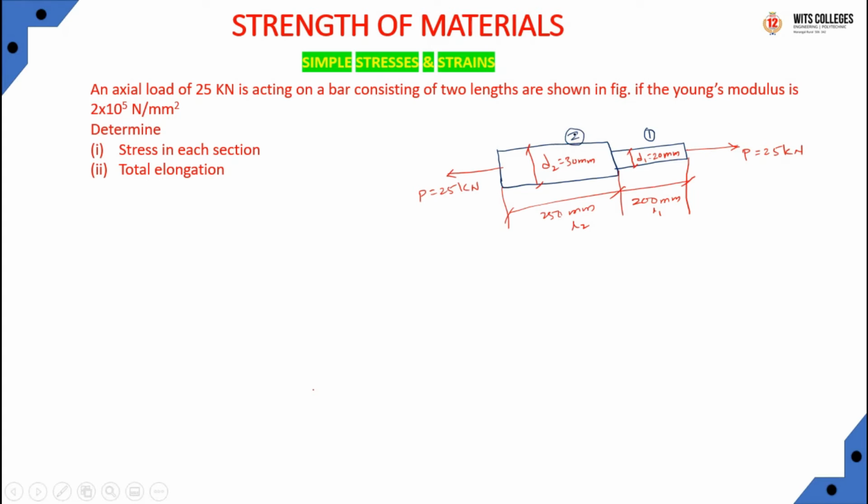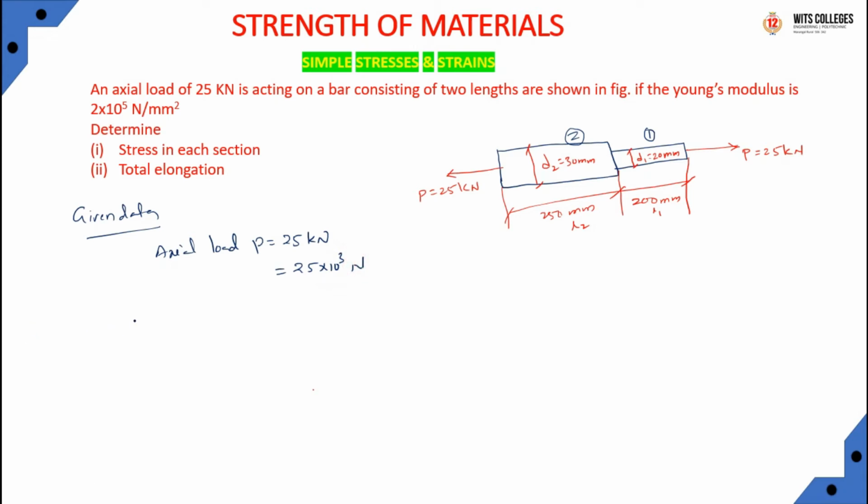So the given data is axial load P equals 25 kilonewtons. In terms of newtons, it is 25 into 10 power 3 newtons.